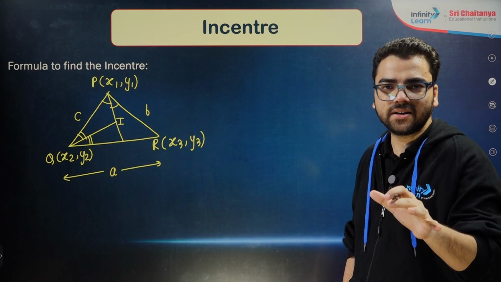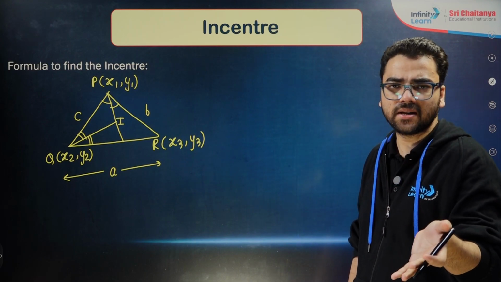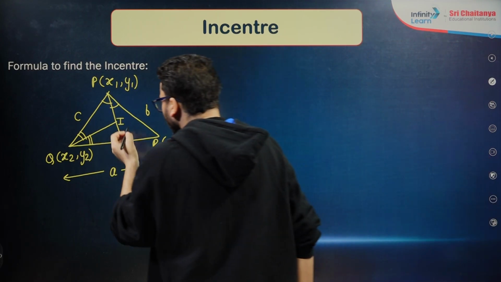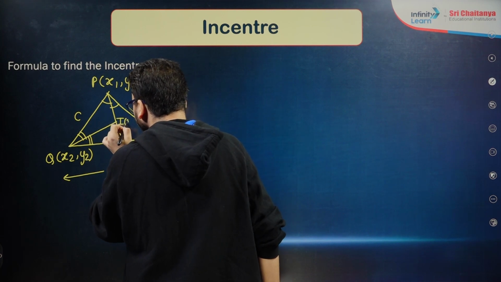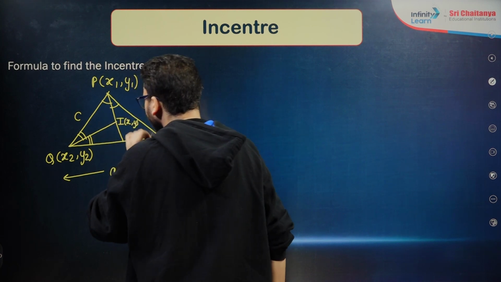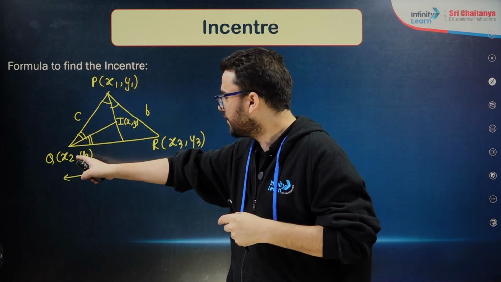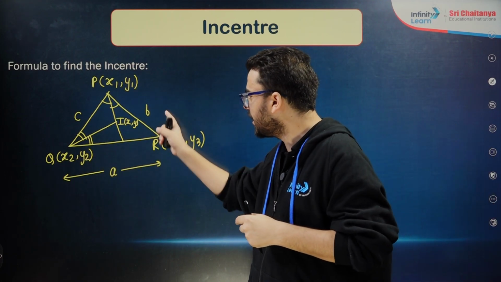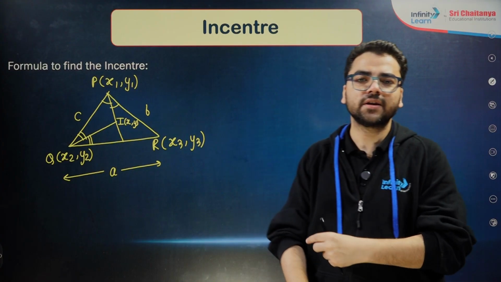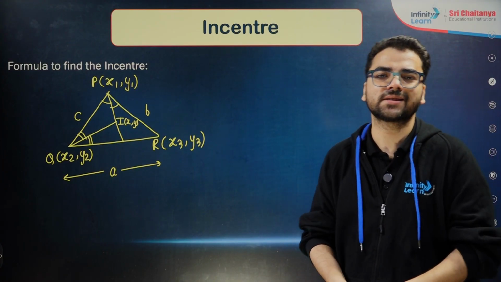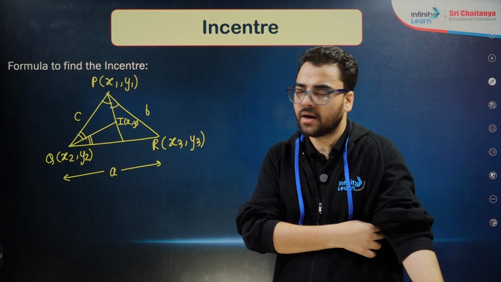Very basic. I hope you understand that logic. Suppose the coordinates over here are x comma y and we have to find these coordinates in terms of x1, y1, x2, y2, x3, y3 and a, b, c, the coordinates of the three vertices and the lengths of the sides. We have to do that over here, right?